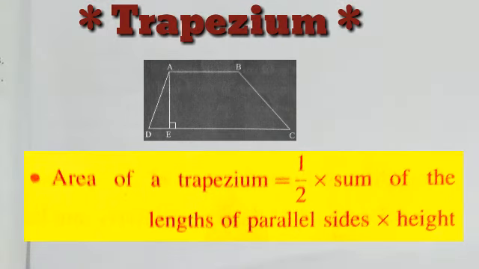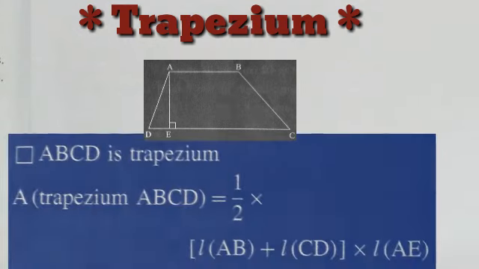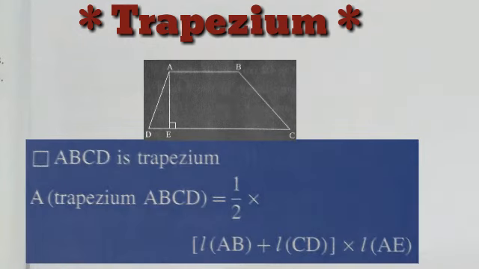So let's write it properly. In a trapezium ABCD, area of trapezium ABCD is equal to 1 upon 2 into bracket, length of AB plus length of CD, close the bracket, multiplied by length of AE, that is our height.